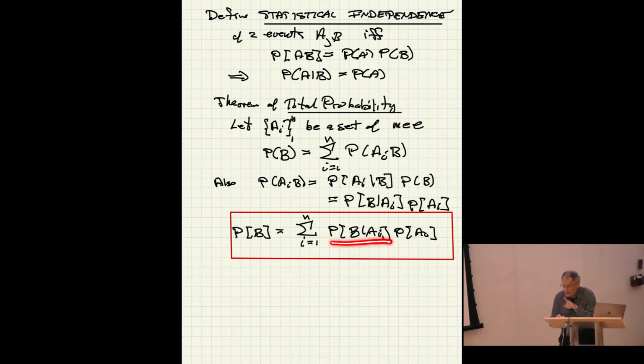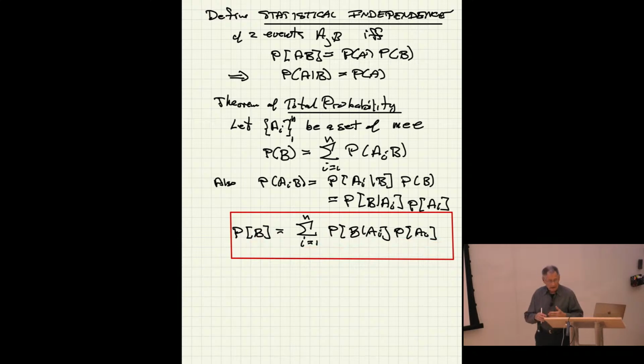It's up to you to invent what the A_i are in the problems you're going to apply. But if you can condition on some event occurring, then it may be very easy to get P of B given A_i. And if you can, then if you multiply by the probability of that condition and sum over all conditions, you'll get this more complicated event.